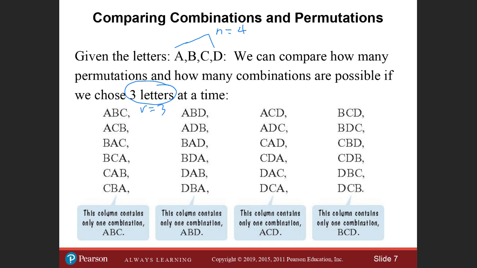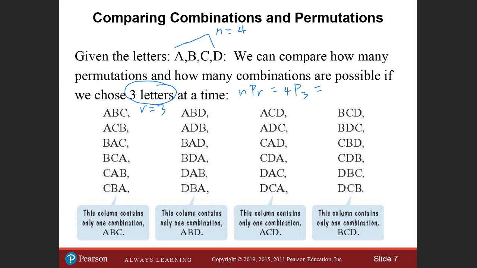So the formula is nPr. So that would be 4 for n. The r is 3. And we calculate that by having the permutation formula or function from our calculator.